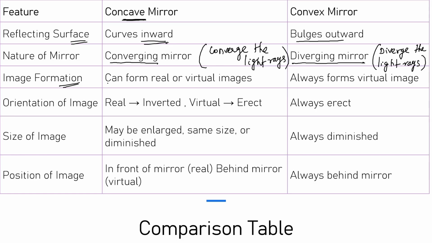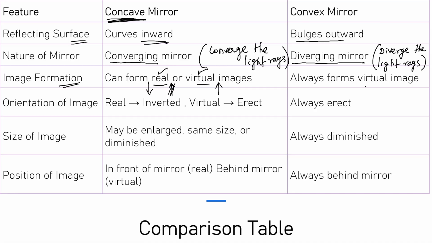Now what about the image formation? We have already learned about two types of images, real and virtual. So this concave mirror can form both types of images. You will get real as well as virtual. Real images are always inverted, and virtual images are always upright.